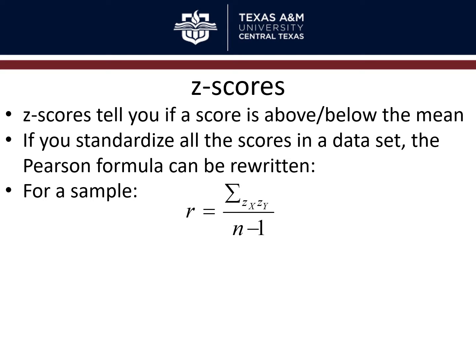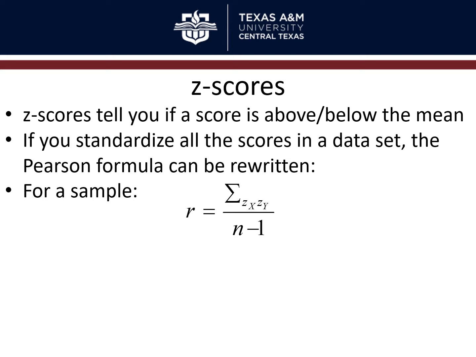So for every pair of scores, say you had a pair of scores that was 4, 6, now they've been standardized as z-scores. So that z-score may be 1.1 and 1.3. Multiply those two together, get another pair, multiply those z's, get another pair, multiply those z's, add all those up. That'll be your numerator, divided by n minus 1, where n is the number of pairs of scores, and that will also give you your correlation coefficient.